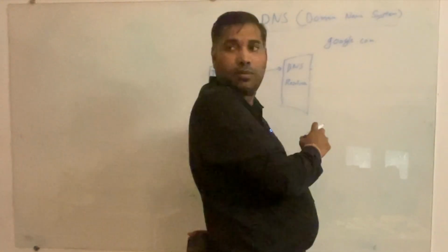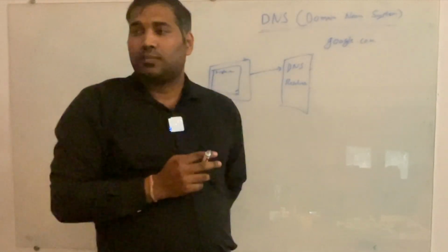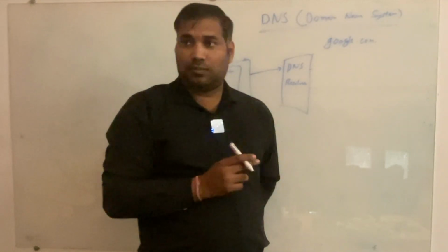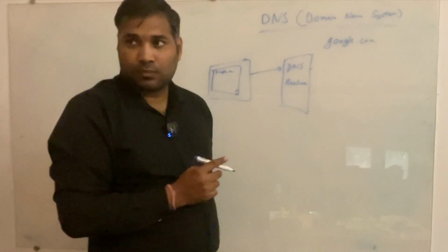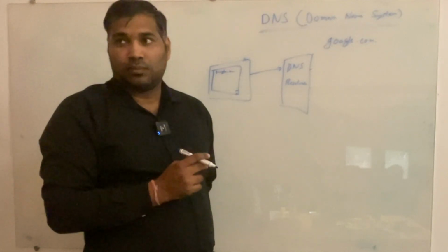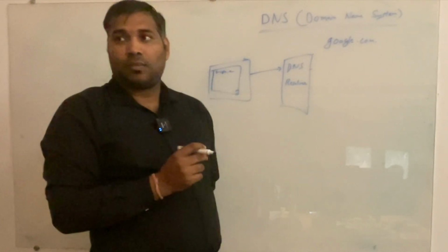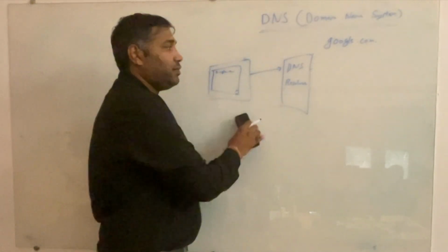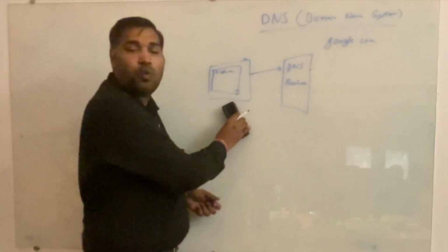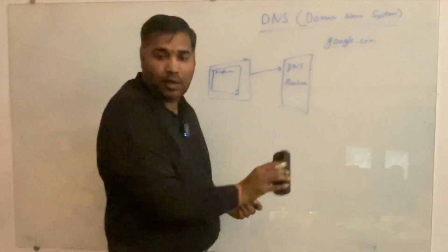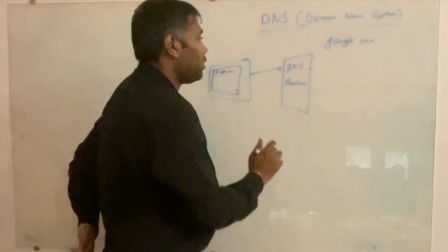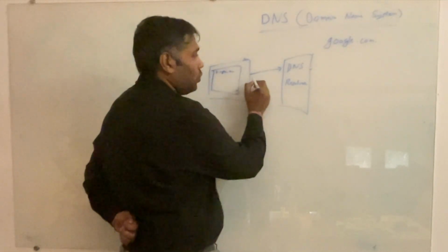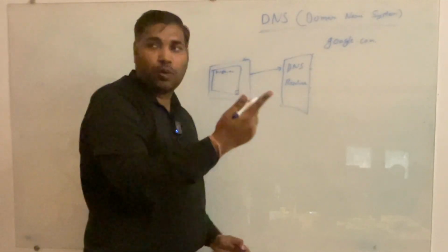I have one question. When the request is going to the DNS resolver and there are different resolvers, who is deciding which resolver the request should go to? Yeah, that's a very good question. First of all, let's understand how the system will know whom to send the DNS query. It's an automated process.